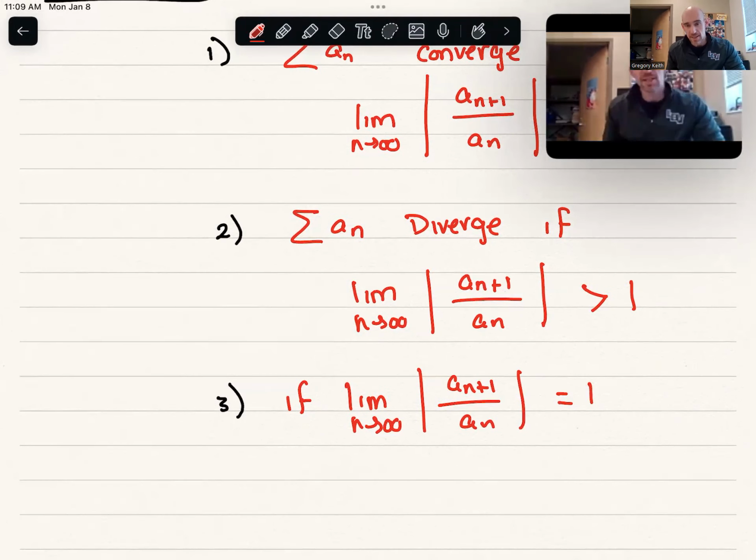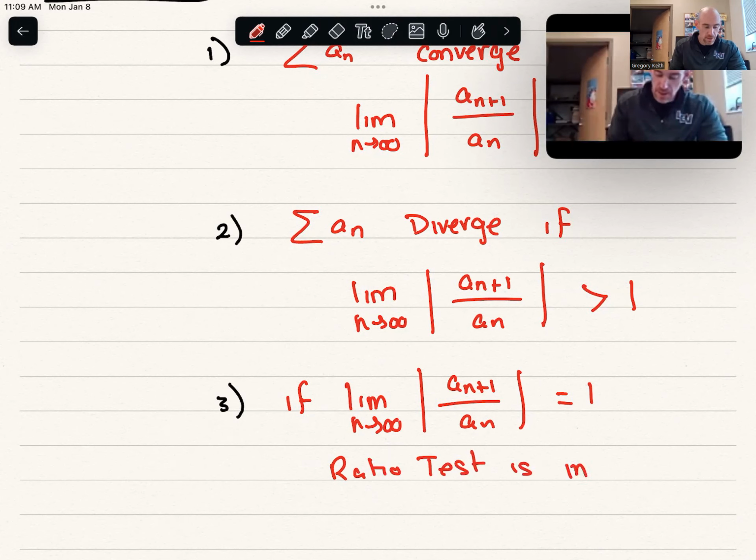It doesn't tell us anything. So in that case, we would actually just have to do something different. Ratio test is inconclusive.